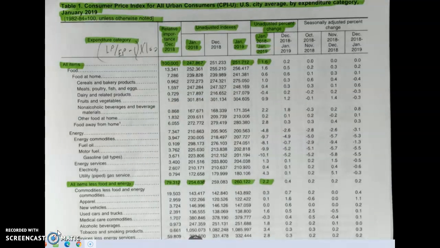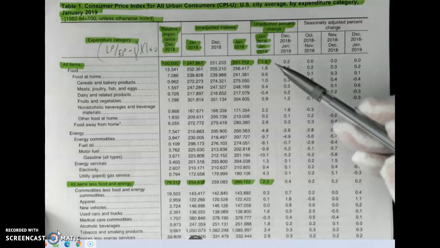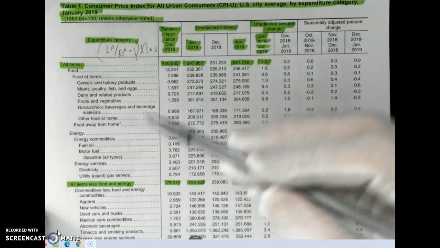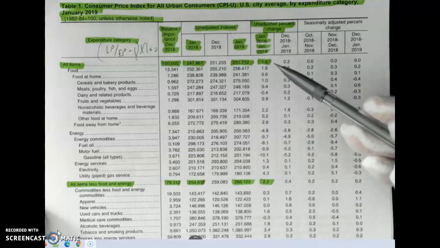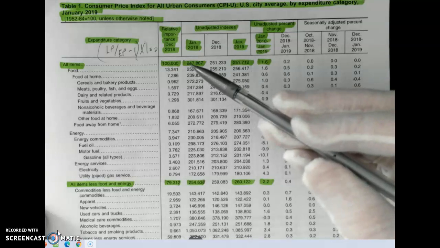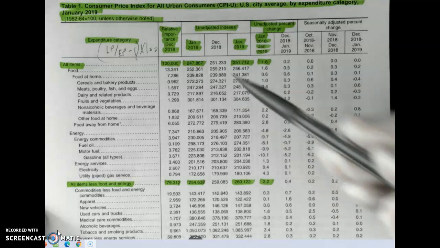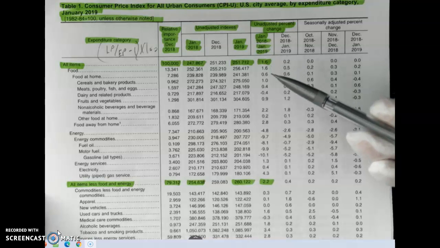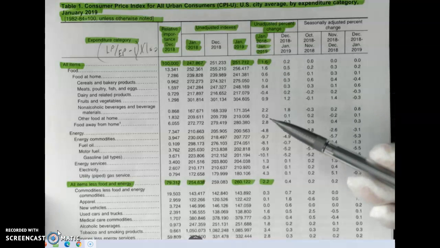So that's the way we would calculate the inflation rate. And that means that this basket, with all these goods in it, is 1.6% more expensive in January 2019 compared to January 2018. Now, of course, you should know how to do the calculation, but you can see over here the results.